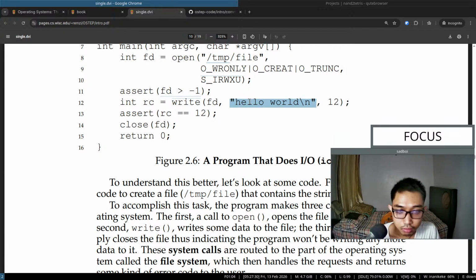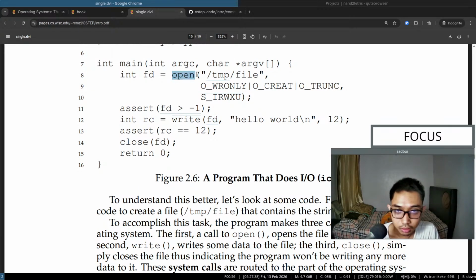We are putting this text into the file that we open, right? I think this is the number of characters: 1, 2, 3, and then this, 5, 6.